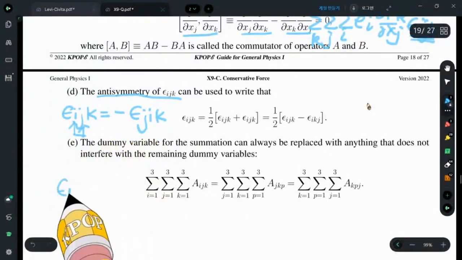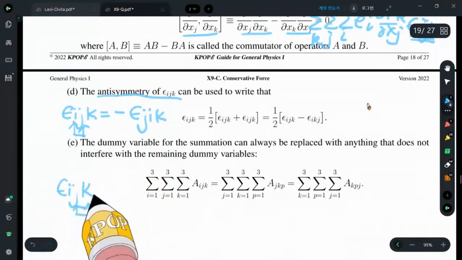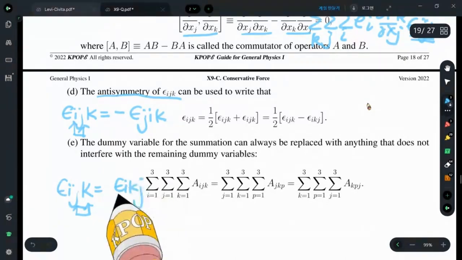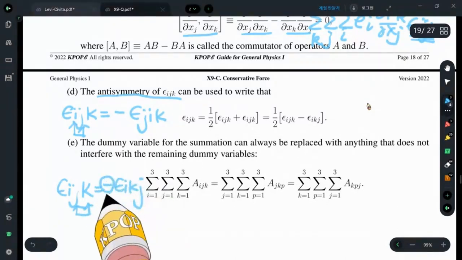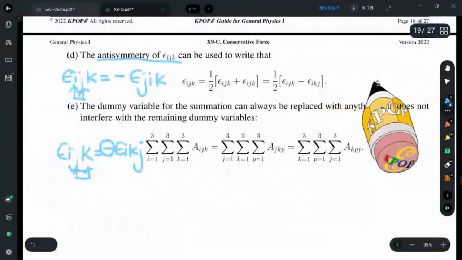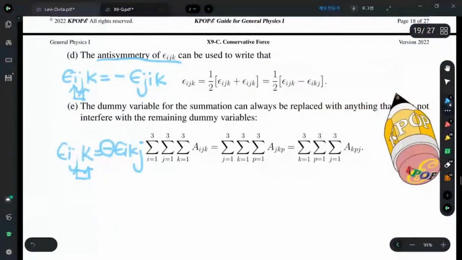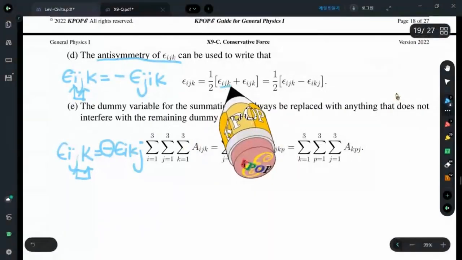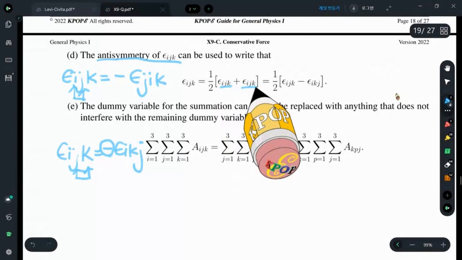So epsilon ijk, and I can exchange these two, then epsilon ikj. However, I need to put the negative sign on it. So in a similar manner, I can find this ijk, they are the same.